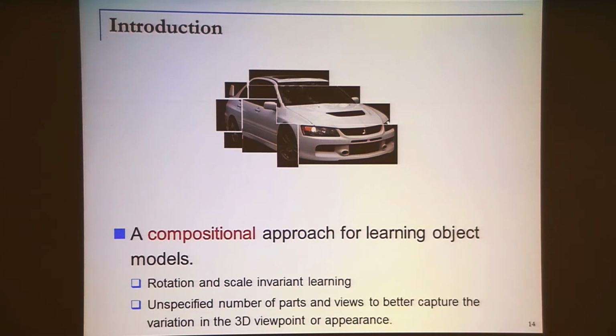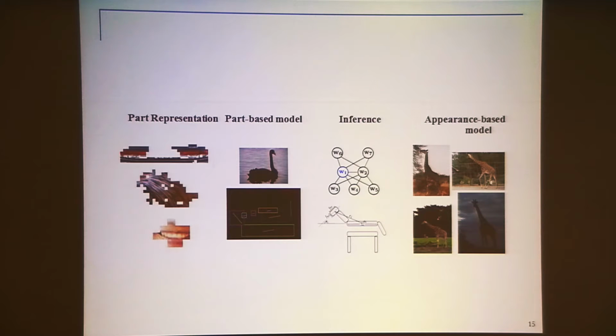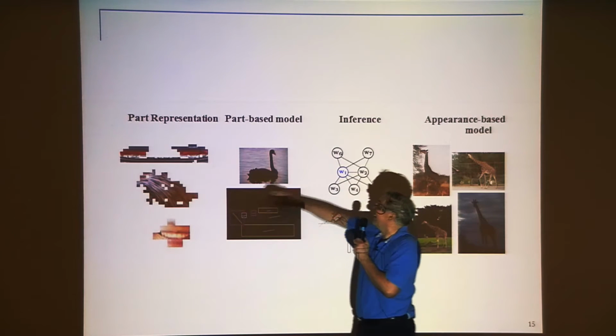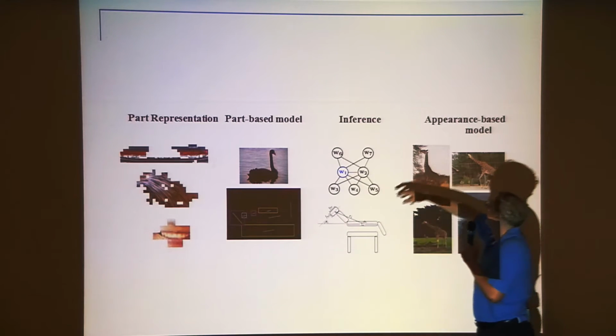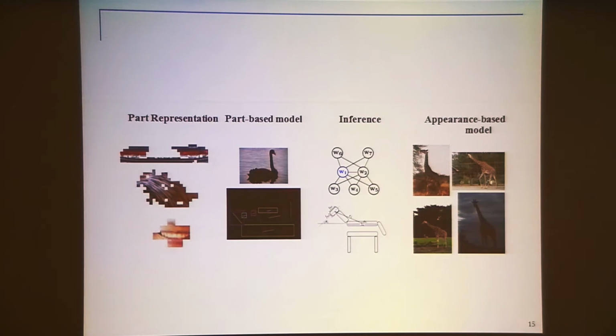You don't know how many parts there are, how many viewpoints, or how many mixtures there would be. Going through the talk, there's the part representation, which is going to be the HOGs, the HOG-Bundles. Then there's the model, then how you do inference on it, and then an extra bit about how you add on extra appearance to it.